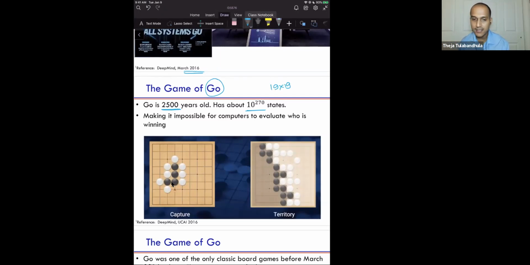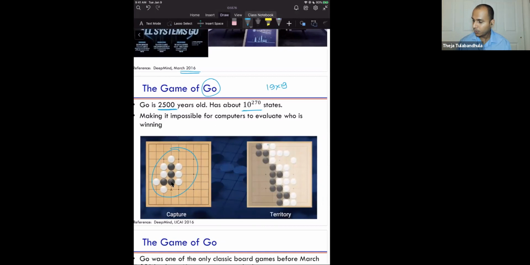There's nothing stochastic here. If I place a stone somewhere, and let's say I know everything about the opponent, I know what the opponent is going to do, and then I can place a stone somewhere else, and so on. We keep going, and the game ends when you have occupied the most territory and there are no further moves to be made.